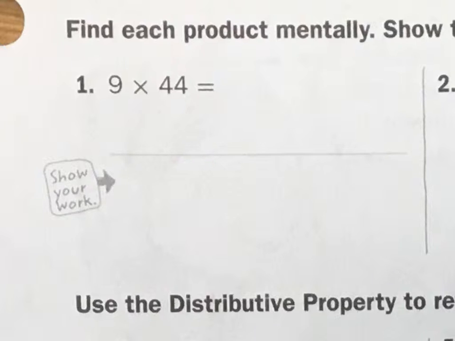And so I'm going to break this apart. 9 times 44 is a little bit difficult, but I feel confident that I could easily do 9 times 40 and 9 times 4.